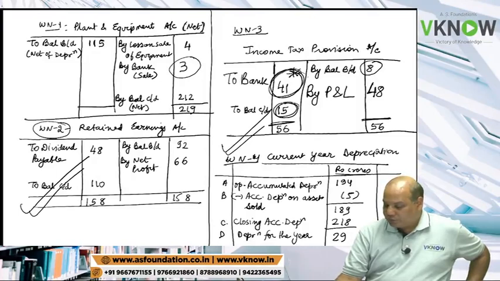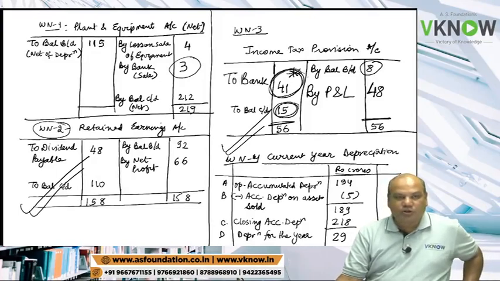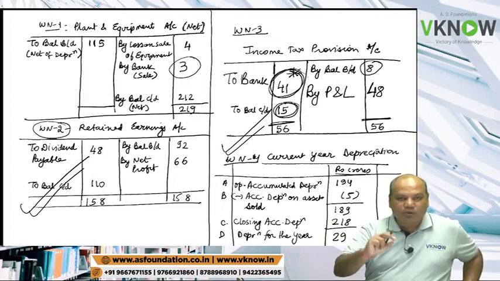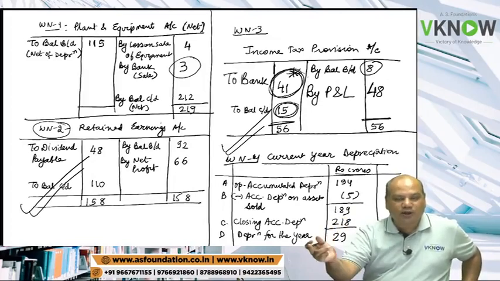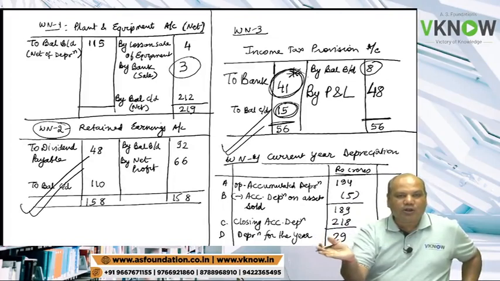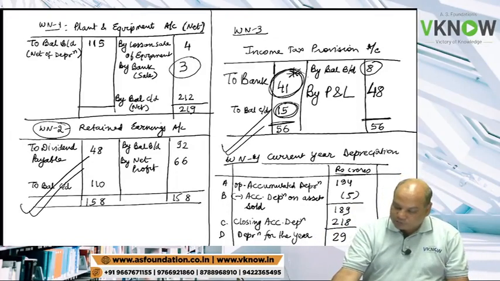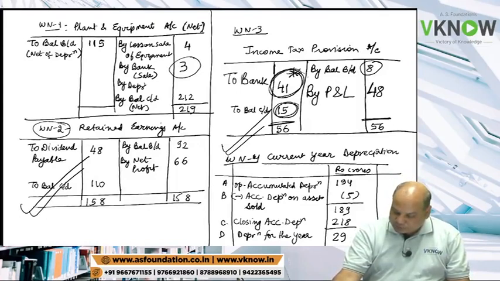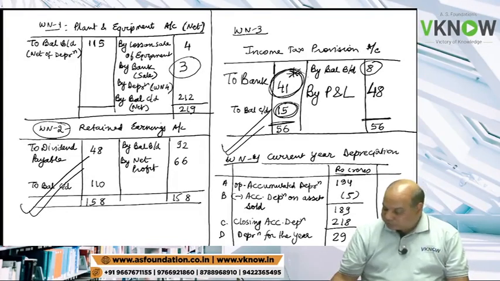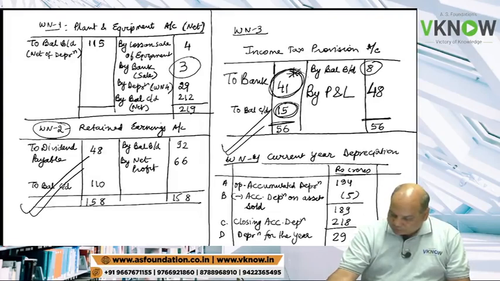The entry for depreciation is depreciation account debit to accumulated depreciation account. Later, depreciation is transferred to the P&L account. So in the plant and equipment account, I first write: by depreciation, working note 4, 29.